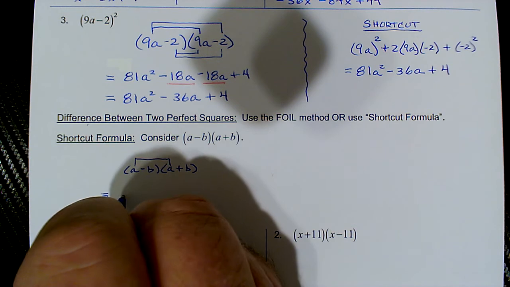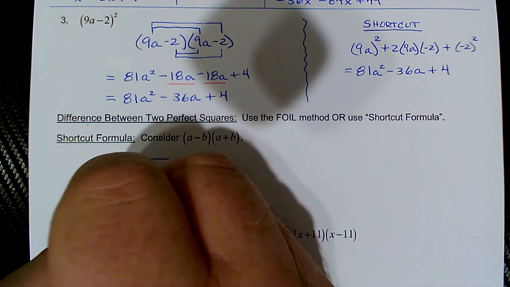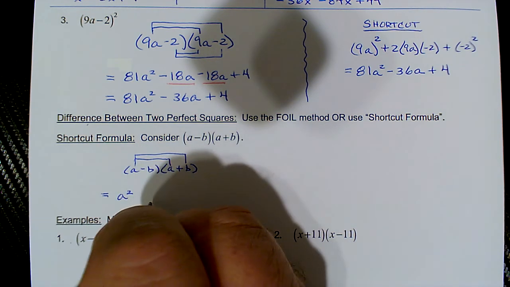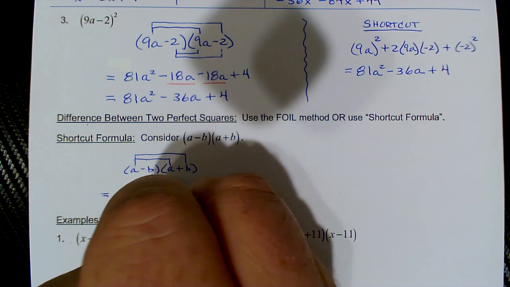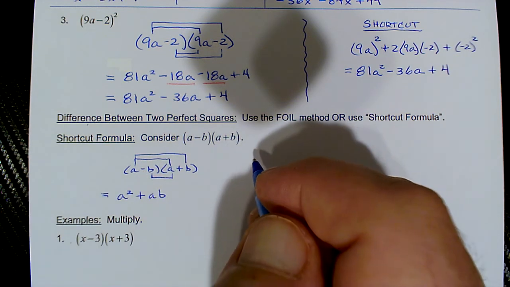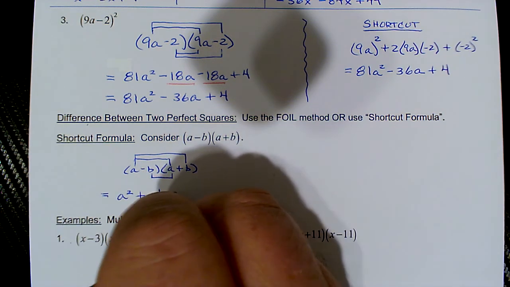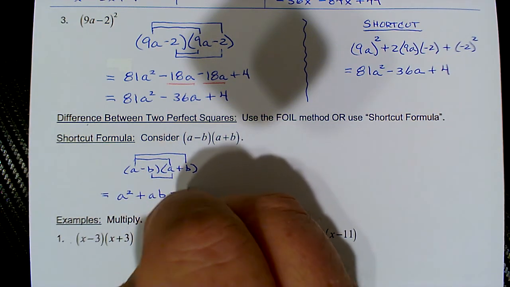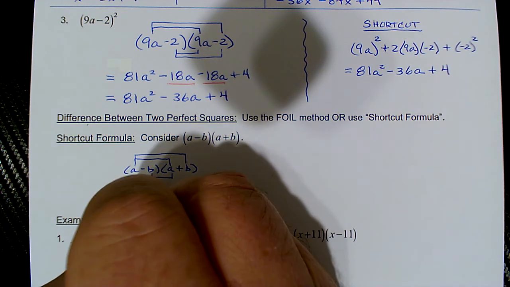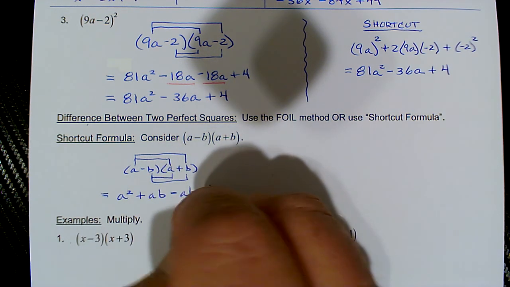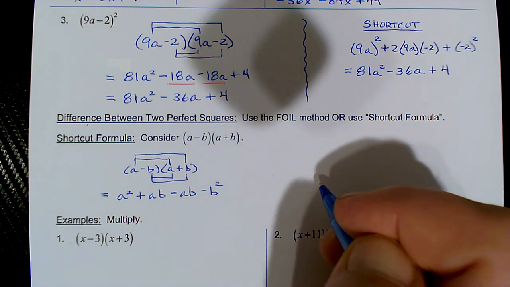So a times a, a squared, a times positive b, plus ab. Okay, minus b times a, you could say minus ba, or by the commutative law of multiplication, we could say minus ab, and then minus b times b is minus b squared.